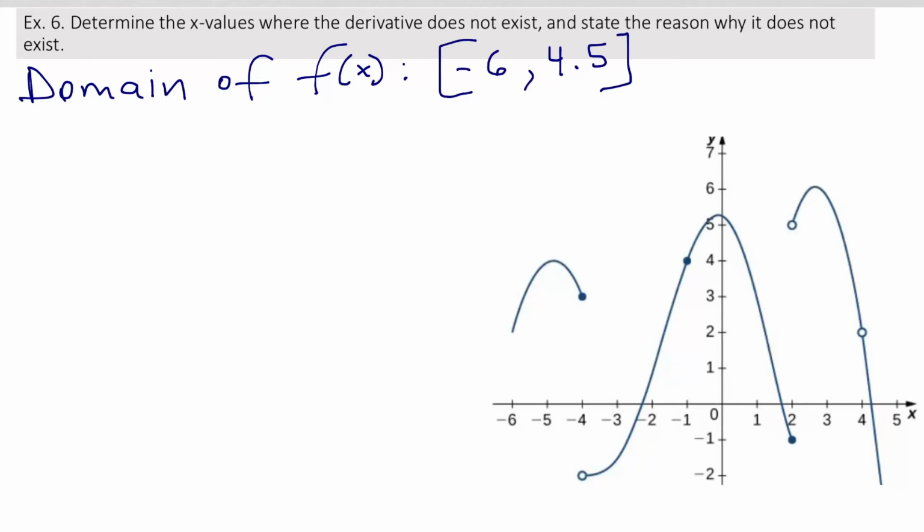All right, so first let's look for the places where we're discontinuous because the function f of x itself is discontinuous. All right, so that's going to occur here at x is equal to negative 4. And then we have another discontinuity here at x is equal to 2.